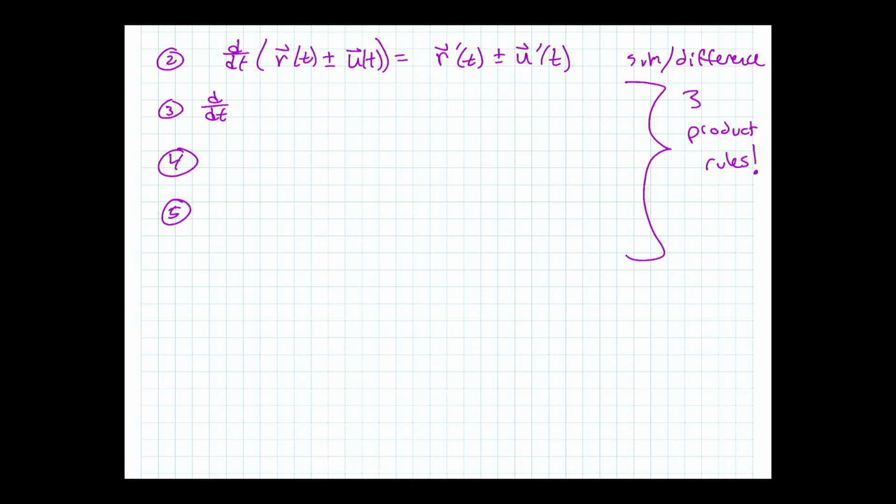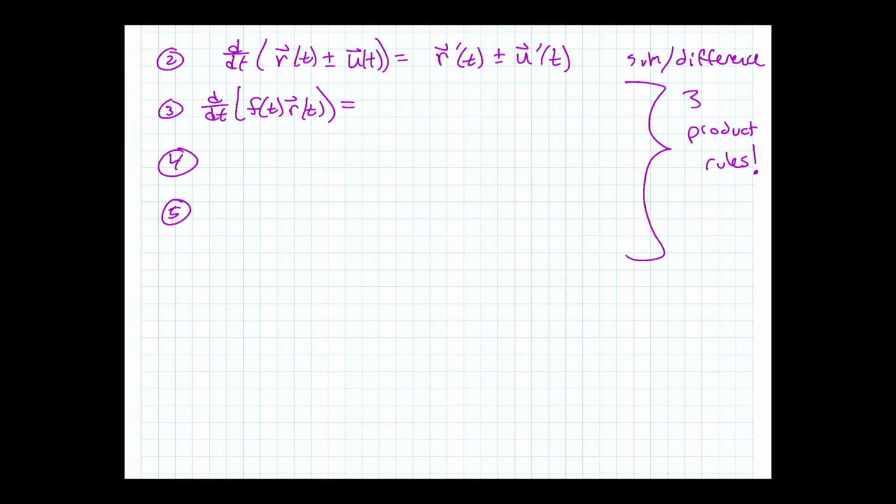It's going to be the same product rule that you know, so don't stress. But you have one product rule for when this is a function of a single variable. So this is a real valued function. I mean, this is also a function of a single variable, but this is a real function, right? The output is a real number. This is a vector valued function, so the output is a vector. So this is a real number, and this is three real numbers potentially, right? So scalar and vector functions.